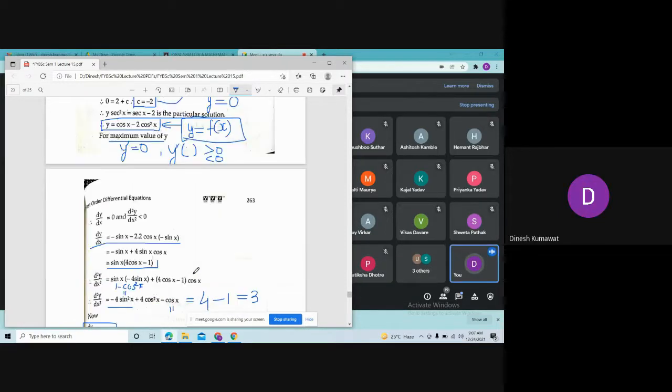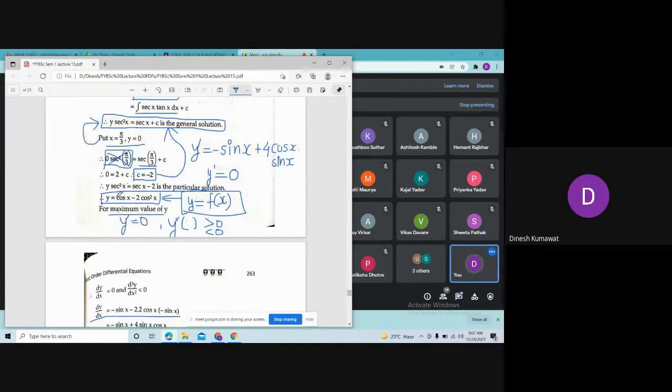So y का हमारे पास फंक्शन कौन सा था? Which is nothing but this one. So इसमें आप cos x की जगह पे 1 by 4 डालो and get your maximum value of y. So क्या आएगा? 1 upon 4 minus 2 by 16, right? Yes, sir. So 2 ones are 1, 2 8s are 16.